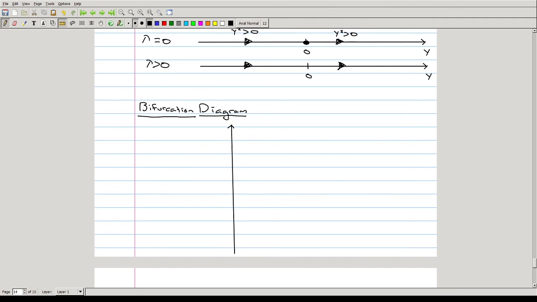And the bifurcation diagram looks a little bit different. We have our lambda axis and our y-axis, and we consider what the curve lambda plus y squared equals 0 looks like. Oh, this is just the curve lambda equals negative y squared, which is a parabola.